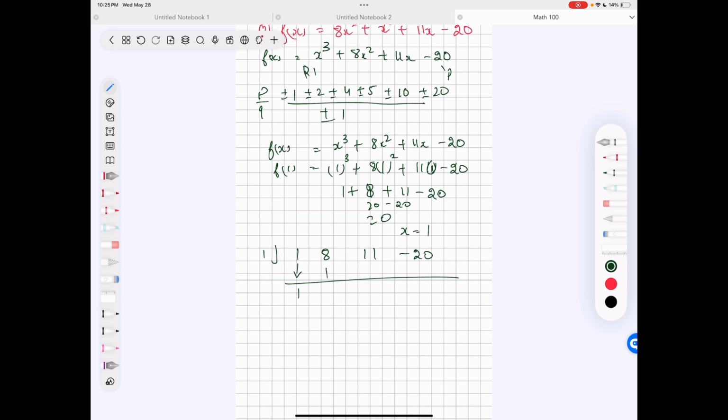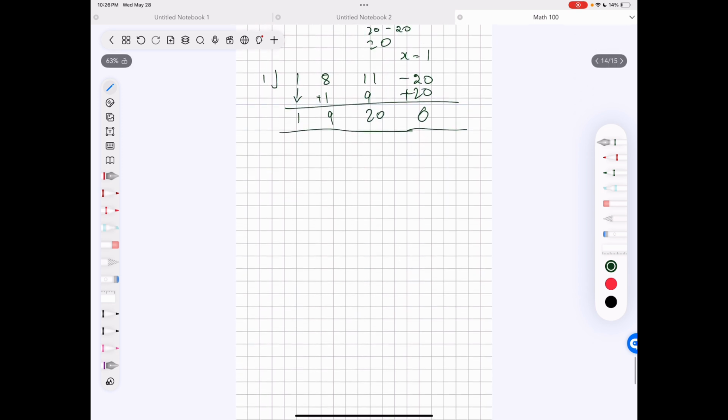We would get 1, 8 plus 1 is 9. 9 times 1 is 9. 11 plus 9 is 20. And 20 times 1 is 20. We get 0 as the remainder.